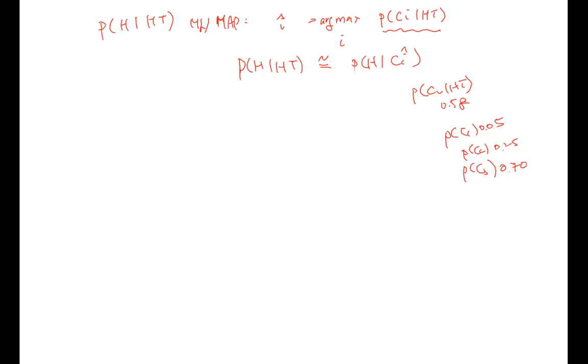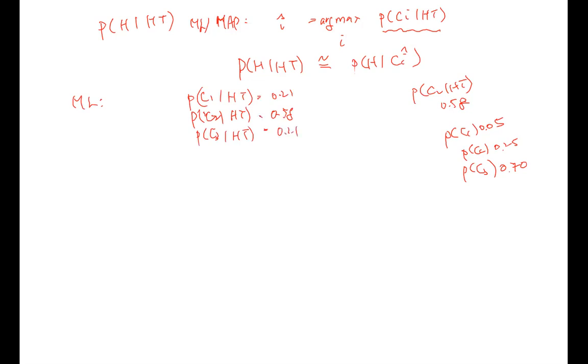For the maximum likelihood, let me write this precisely. Let's do ML again. We compute P(C1 given HT), which is equal to 0.21, and P(C2 given HT) is 0.58, and P(C3 given HT) is equal to 0.21.